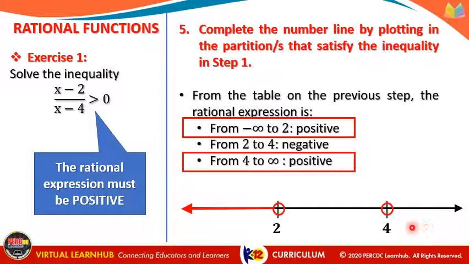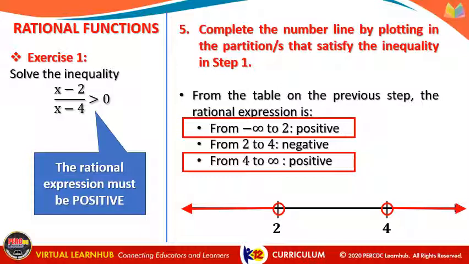Mag-drawing lang tayo ng line from 4 going to the right. Maglagay ka lang ng arrowhead to signify na going to the right tayo. And this is now actually our answer kung ang kailangan natin ay isang number line.